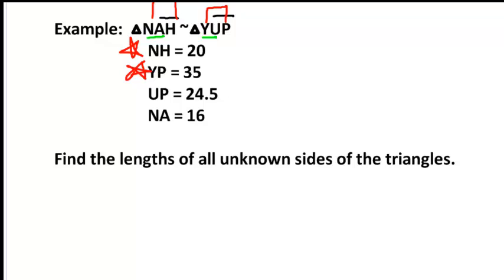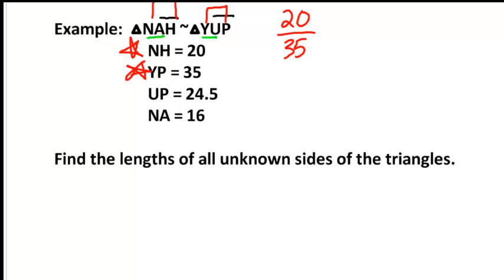That also tells me, since they're corresponding sides and I know both their lengths, what the scale factor is between these 2 triangles. For every 20 units that you have on the left triangle, you will have 35 units on the right triangle. Make a ratio out of that scale factor.